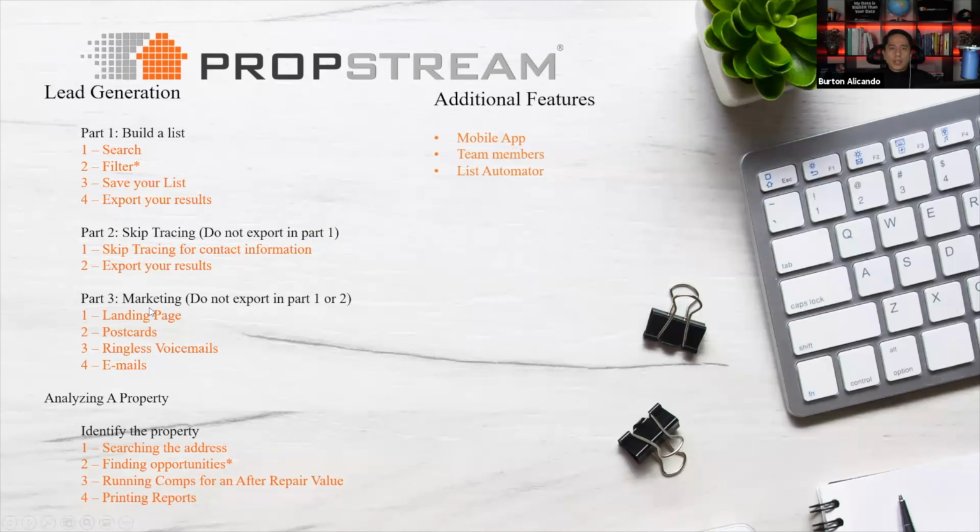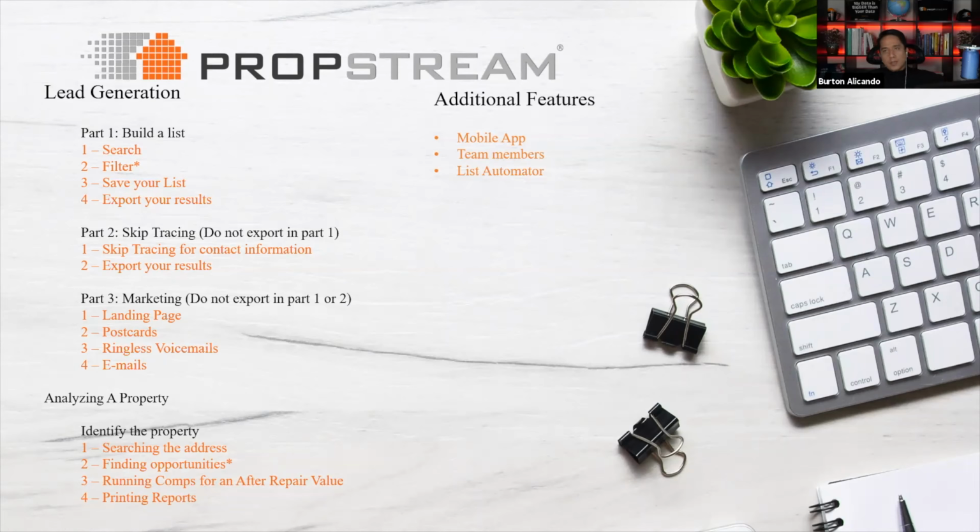Or part three, which is marketing. Some of our users don't have the luxury of calling on their own or going to the post office after work. They need help with the marketing. That's the last part of lead generation with PropStream. You can build a list, skip trace that list, and then market directly to that list. We'll give you a free website when you establish a campaign.